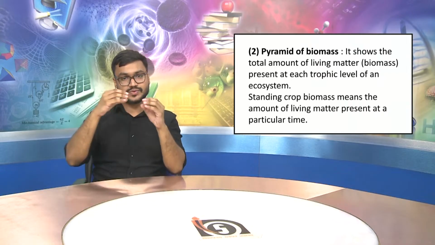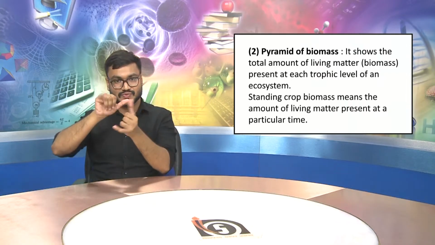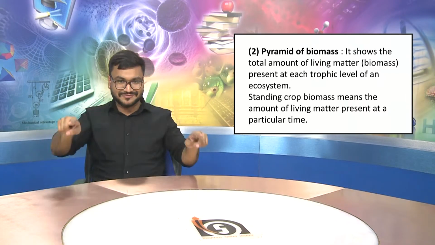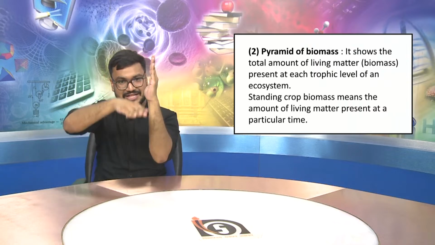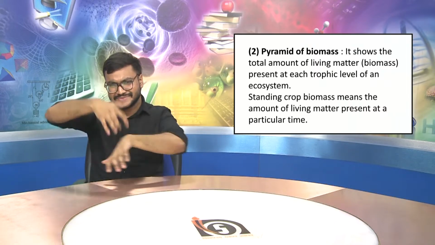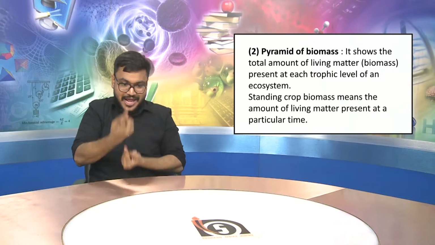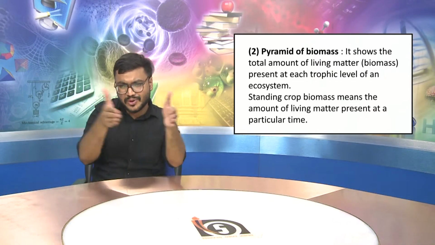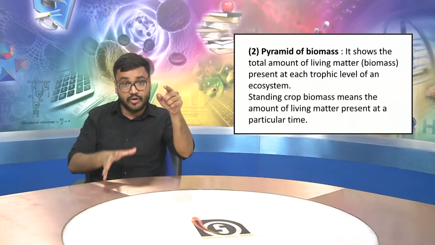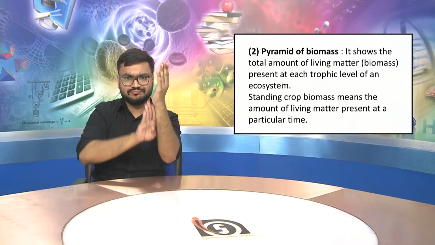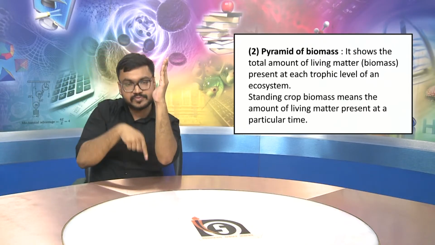Second is pyramid of biomass. It shows the total amount of living matter, or we can say biomass, present at each trophic level of an ecosystem.